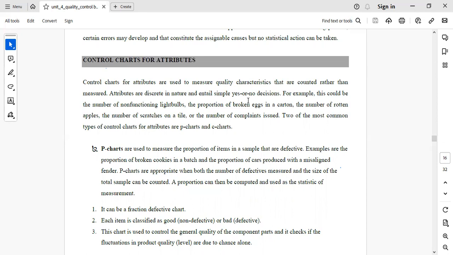So, like I said, the height, the weight, that is something that you can measure. But if it requires you now to count, maybe identify the number of defectives and so forth, then you need to consider having a control chart for attributes.